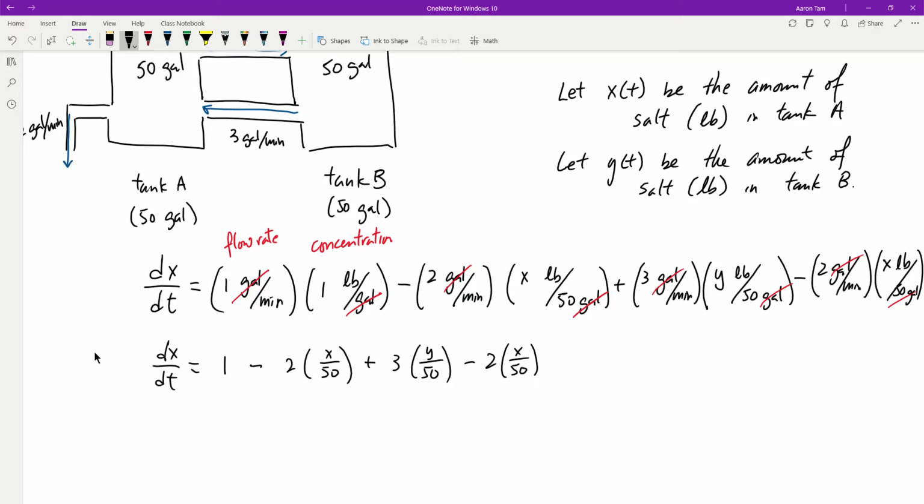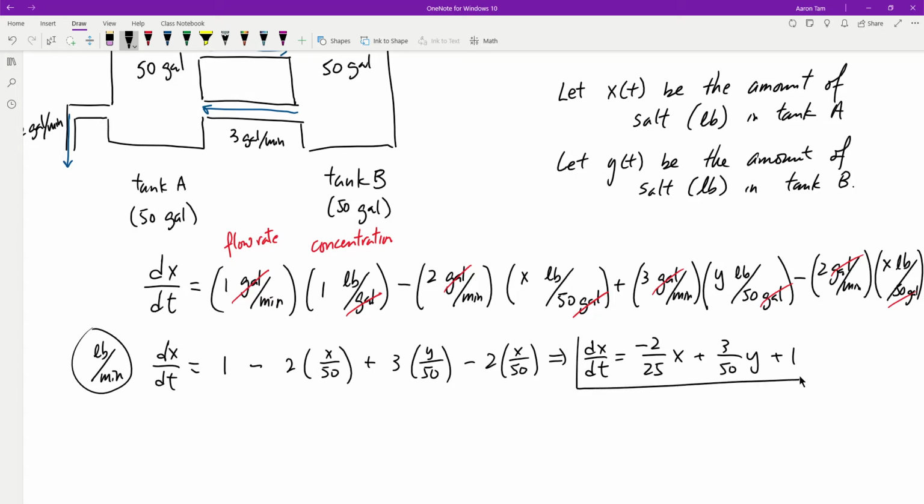And remember, the unit is basically pounds per minute. Okay, and so this equation turns into dx over dt equals, if I'm looking at this correctly, negative 4 over 50, or maybe I will write negative 2 over 25 x plus 3 over 50 y plus 1. So that gives us an equation that describes what happened to tank A.